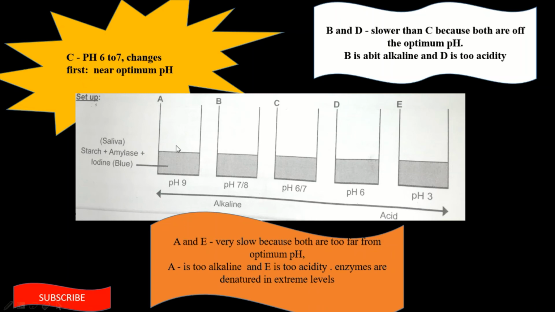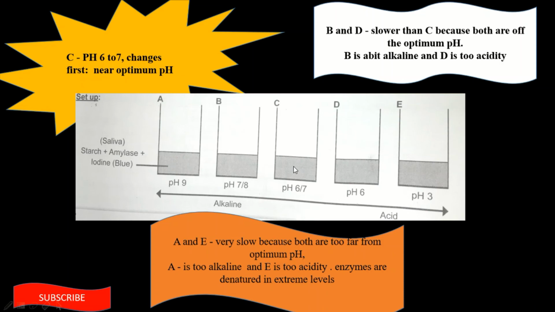Okay, now we are also told that test tube A is way too alkaline, which is at pH 9, and test tube E is way too acidic, which is at pH 3. Okay, so changes in this case are mostly to be observed in test tube C. And then what happens in test tube C?